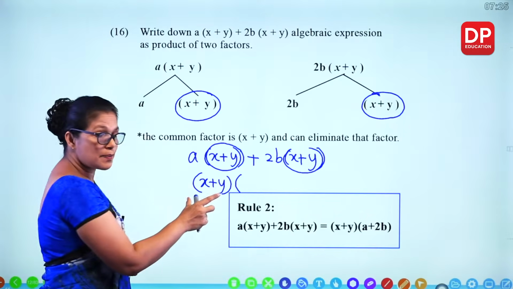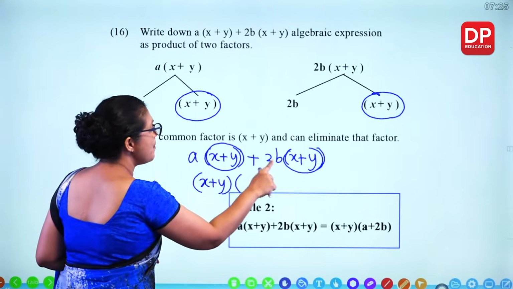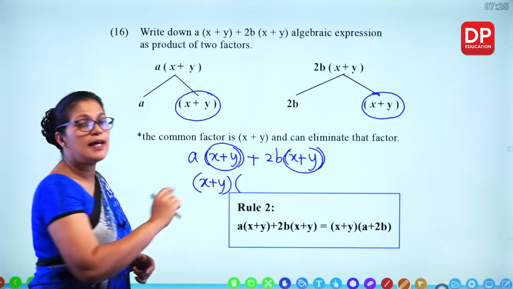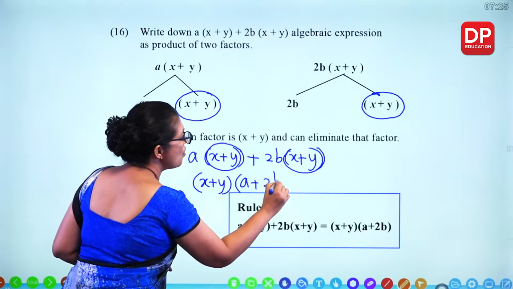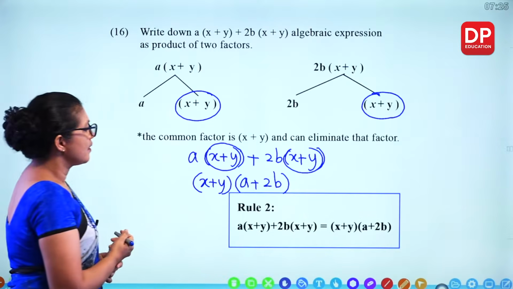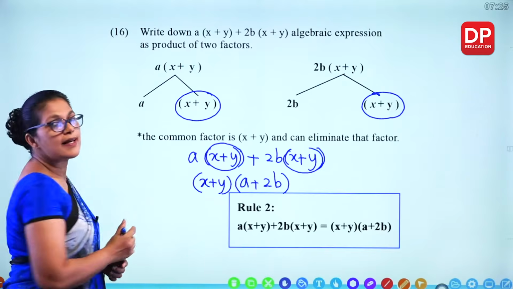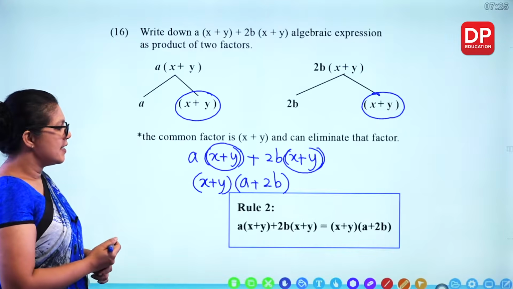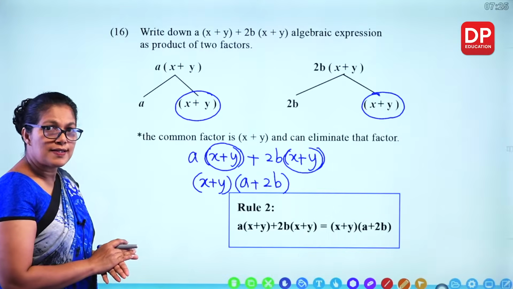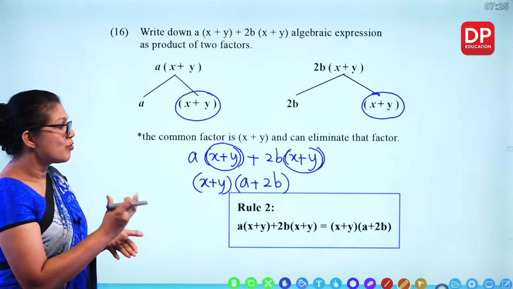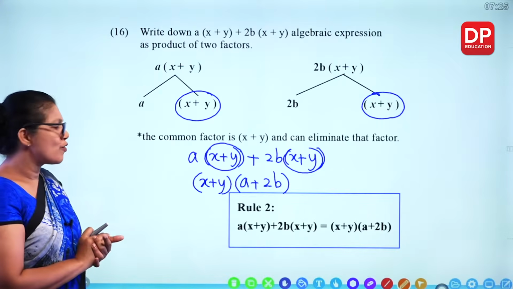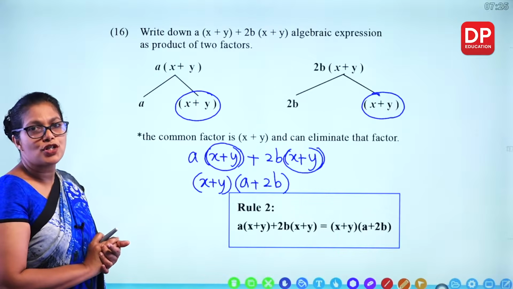We can take x plus y out and write down the remaining part inside the other bracket. So a plus 2b. So that's the second rule. Remember that the first rule says you can take a letter or number, just one. Here you can take an expression out from the algebraic expressions.